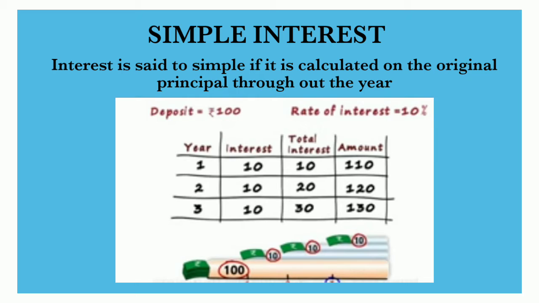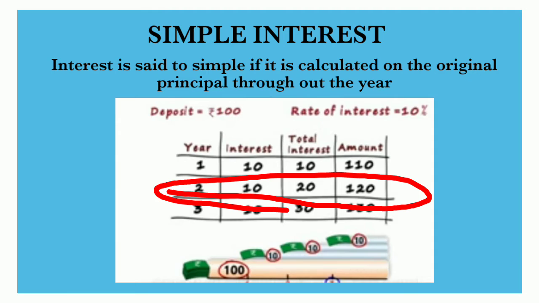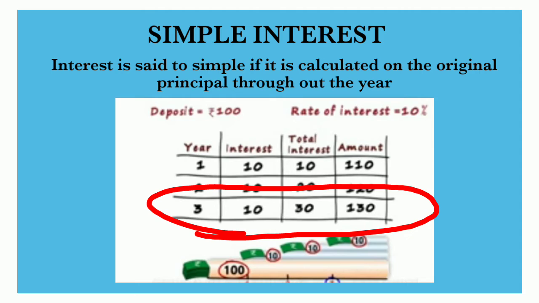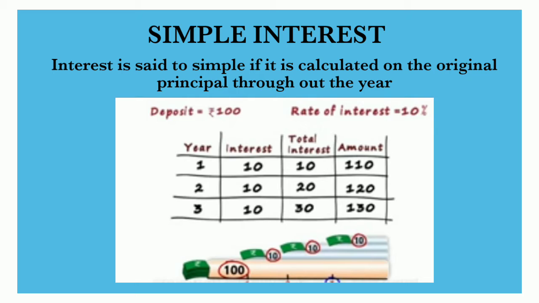Then in the same way, after the second year, the bank again gives 10 rupees extra. So 10 is added to 110, that is 120. Then after 3 years, you again get 10 rupees, so 120 plus 10 is equal to 130.